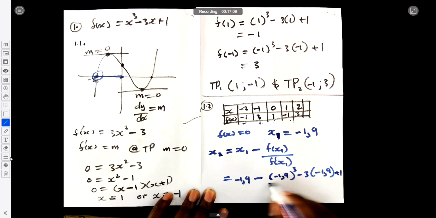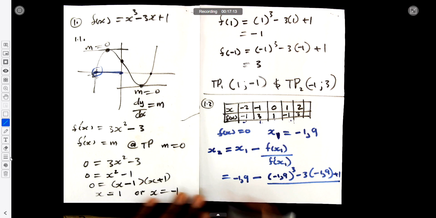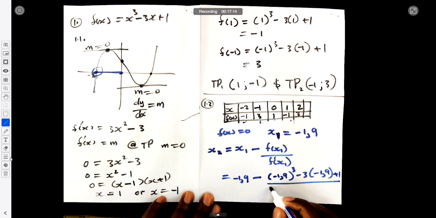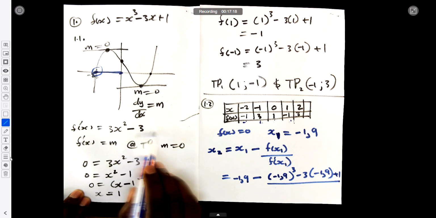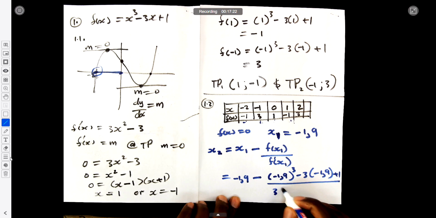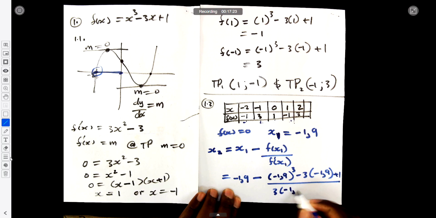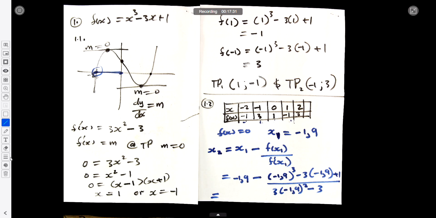Then we divide by f prime of x, which is 3x squared minus 3, so 3 times -1.9 all squared minus 3. They said we must use it once and leave the answer to 3 decimals.